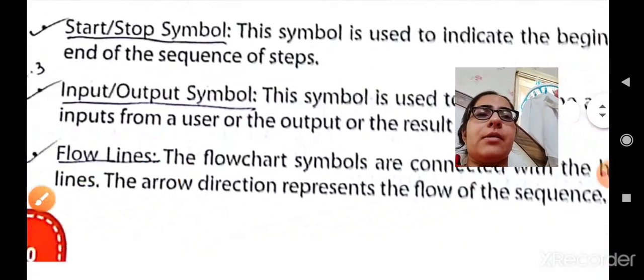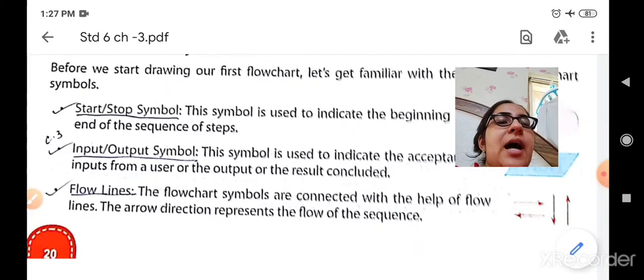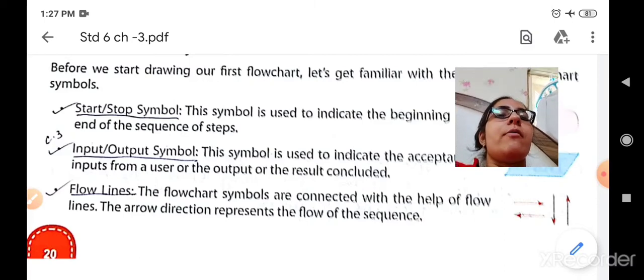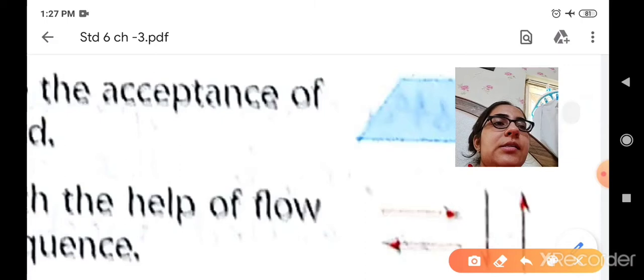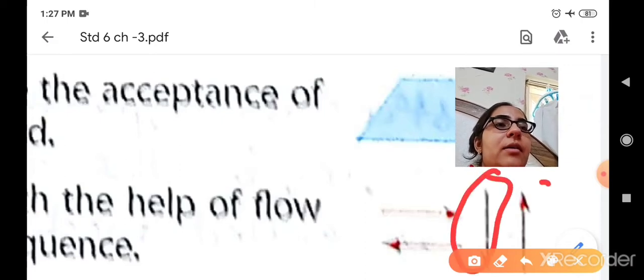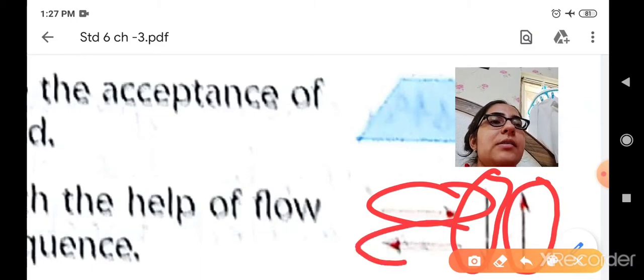The third symbol is flow lines. The flowchart symbols are connected with the help of flow lines. The arrow direction represents the flow of sequence. It means how your document flows, whether it is downside, upside, right side or left side.